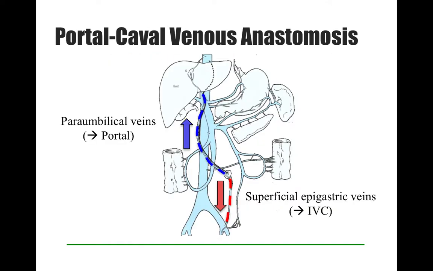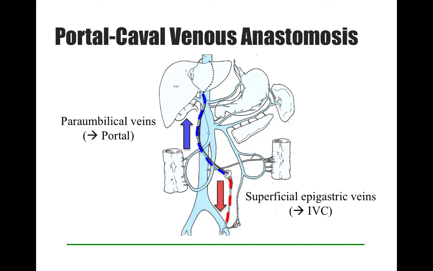Now remember, we also have a portal caval venous anastomosis, and one of the first ones we see is around our paraumbilical veins. Those paraumbilical veins are going to typically drain to the liver, and those are also going to be located within the Camper fascia as well, and then they're going to interact with those superficial epigastric vessels.